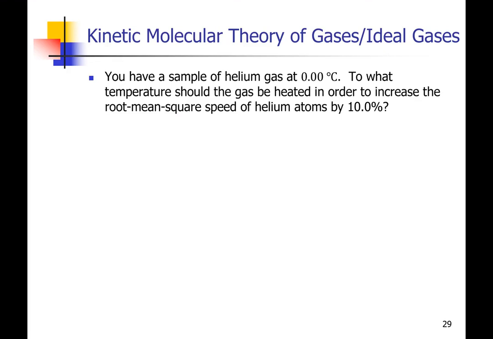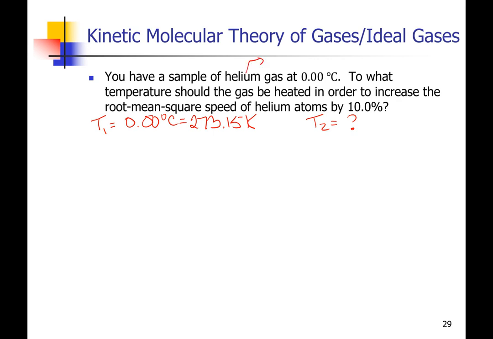In the next question, we're told that our sample is starting off at 0.00 degrees C, which is 273.15 Kelvin, and we want to know what temperature we need to heat it up to increase the root mean squared speed of our atoms by 10%. And so we have one temperature, we're solving for another temperature.